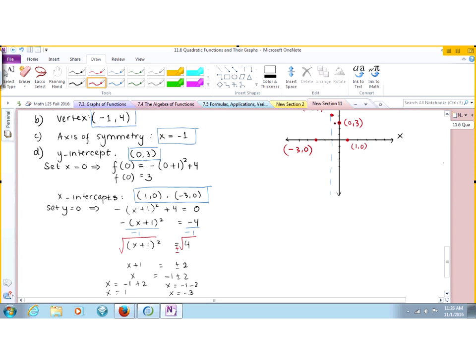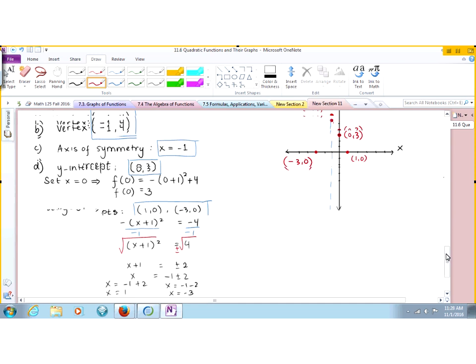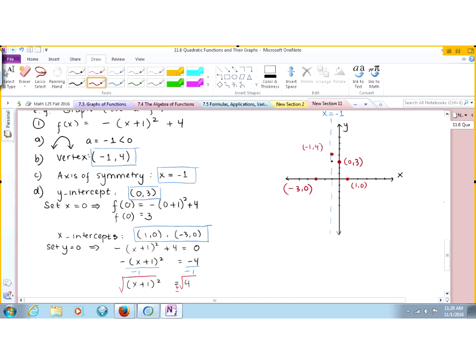Can we use symmetry to get the other one? How do I use symmetry? Oh, then I look here. This is my mirror, my line of symmetry, my axis of symmetry. How many units does it go here? 1 to the right. So you will have a point where? 1 to the left. And let's label this point.